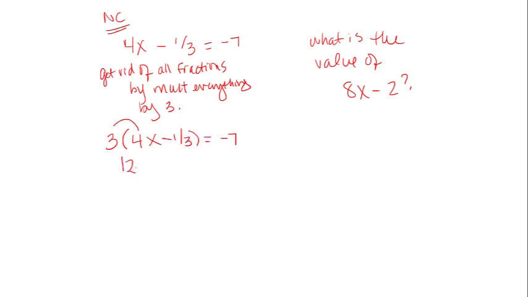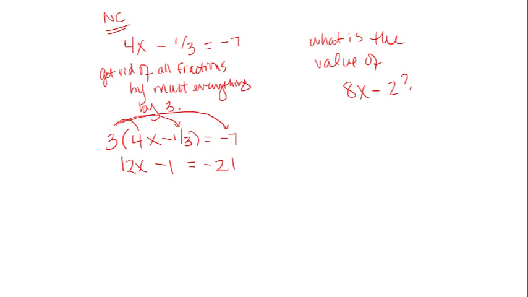Then we're going to get 12x here. For 3 times negative 1/3, you take this number, 3, and multiply it by the numerator, which is negative 1. So 3 times negative 1 is negative 3. Then you divide by 3, which is going to give you negative 1. And then don't forget to multiply the 3 by this number as well.